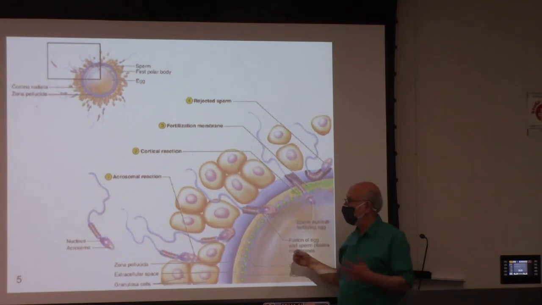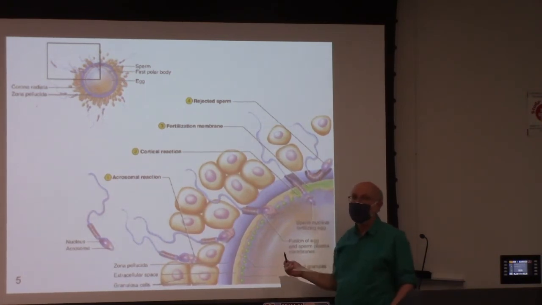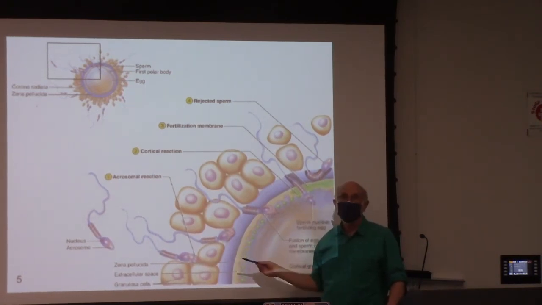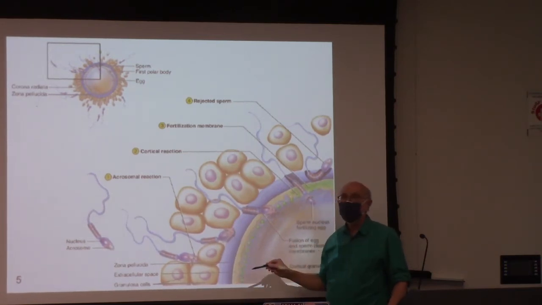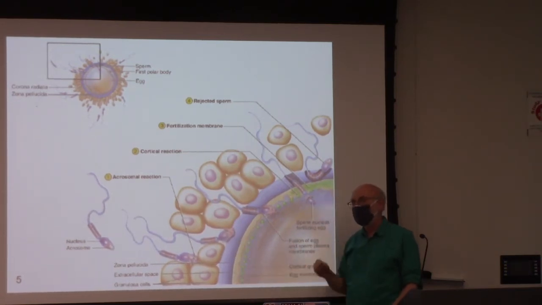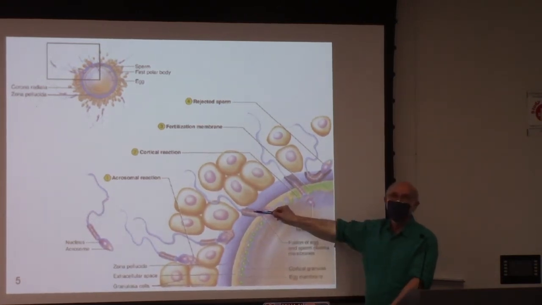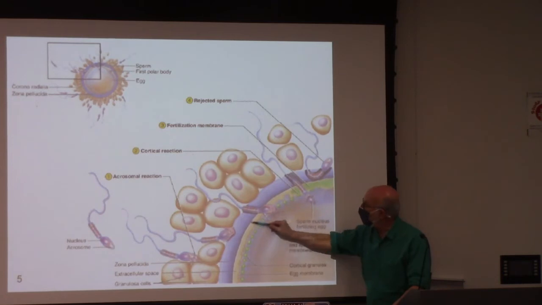One sperm does not have enough of these enzymes to do all of it. But one sperm will get some of the way through. The next one will get some of the way through, using its enzymes. They aren't smart, they're not helping each other, but they are in fact helping each other, so that one of them gets all the way through and fuses with the surface membrane.